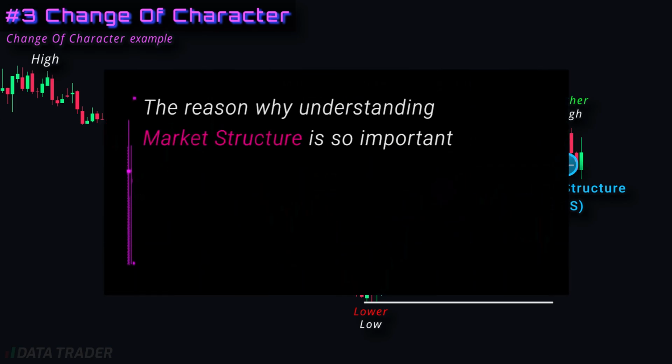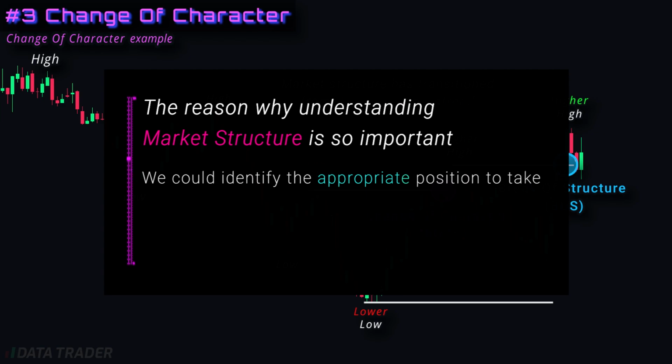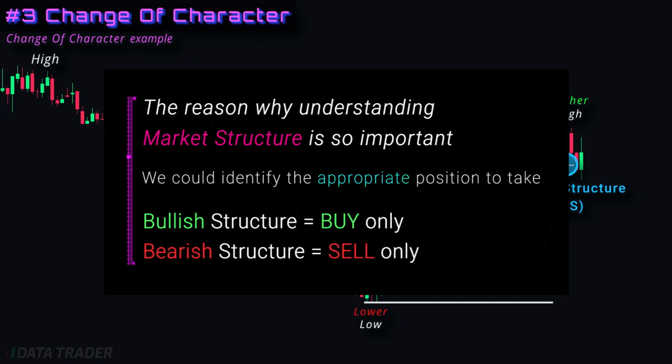Now, one of the main reasons why understanding market structure is so important is so that we can identify the appropriate positions to take, because we only take positions that are aligned with the current structure. So, if the market structure is bullish, then we're looking to take buy positions only. And if the market structure is bearish, we're looking to take sell positions only.